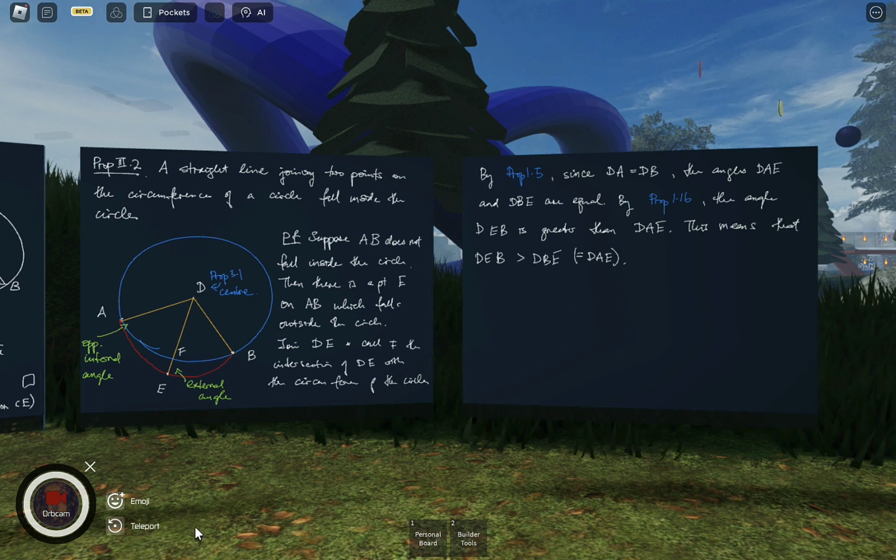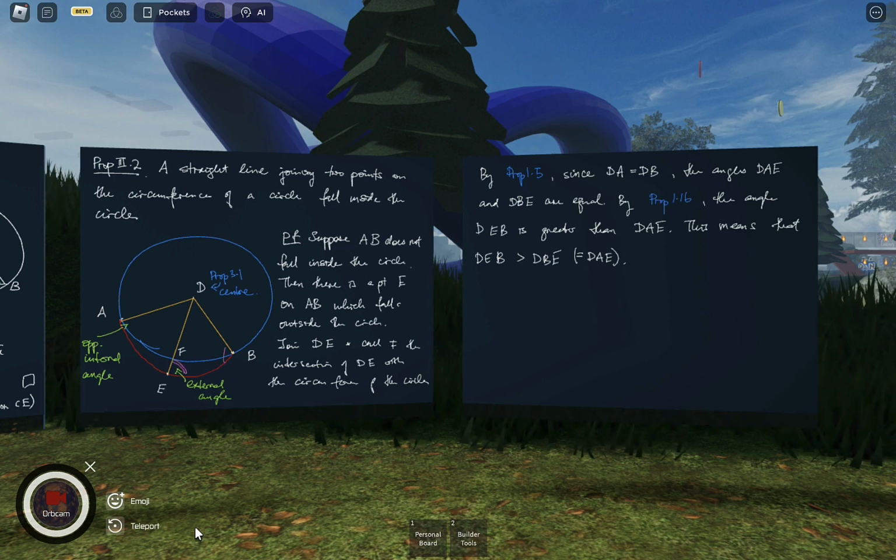So now the final piece of the argument is that, now we've shown that, let's go back to the picture here. I'm going to use a different color here. This angle is now bigger than this angle.